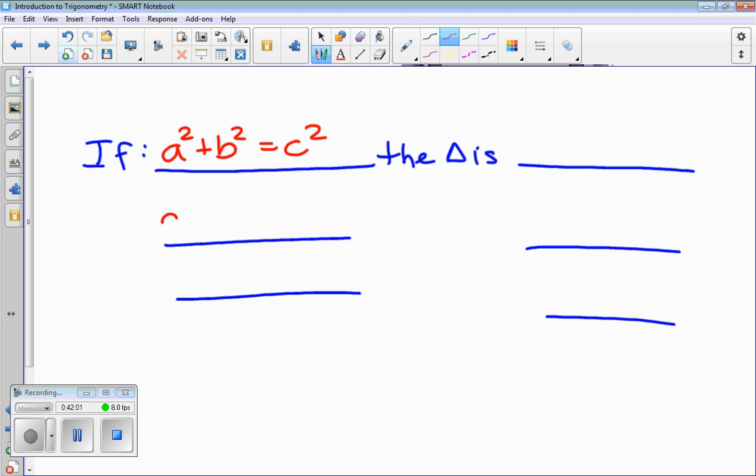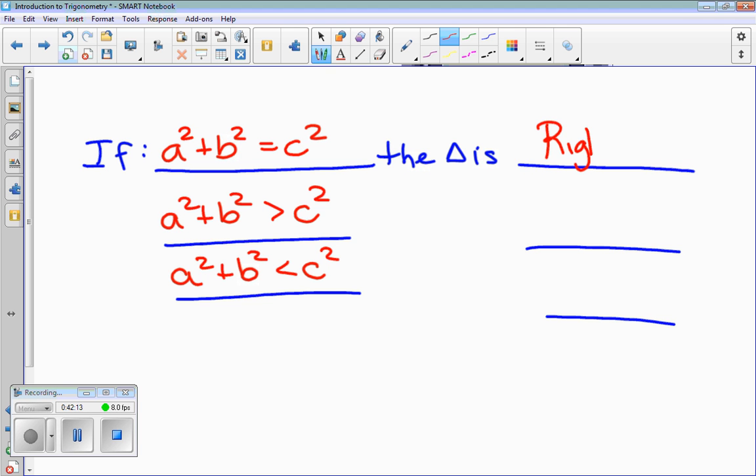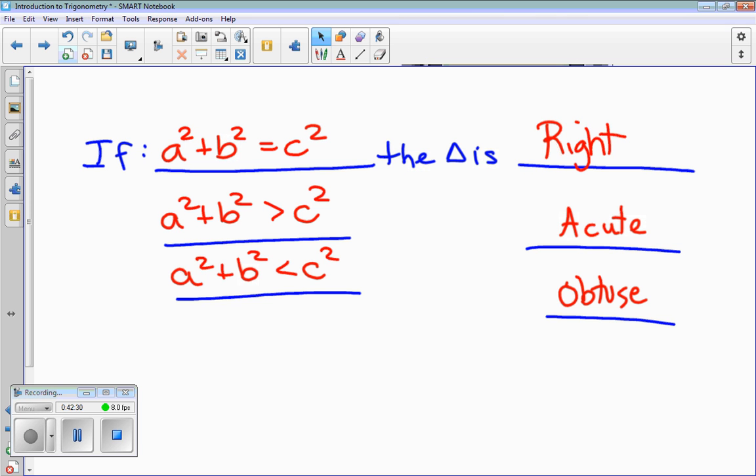We have a squared plus b squared is greater than c squared, and a squared plus b squared is less than c squared. So take a second, just fill that out now. This is going to be a right triangle. What's the second one? It's acute. And then the last one would be the obtuse case. So this could be on your quiz as well, okay? So keep that in the back of your mind.